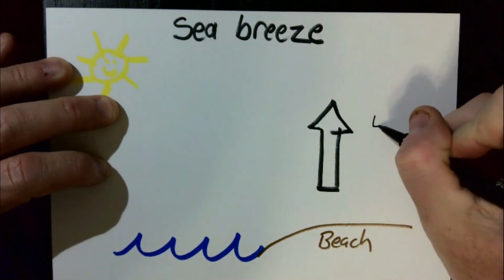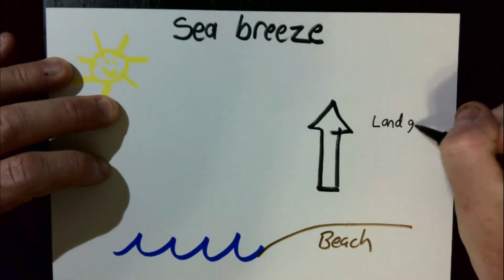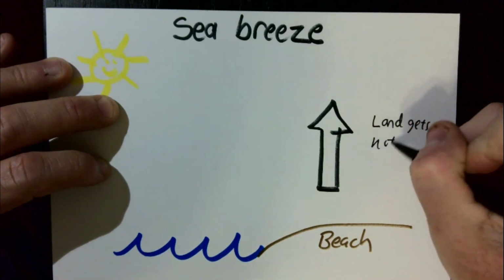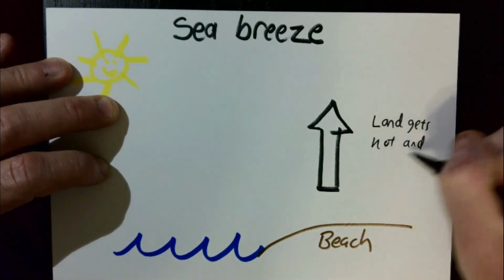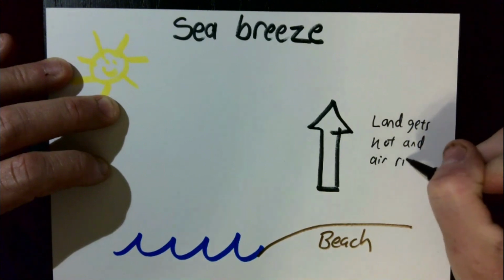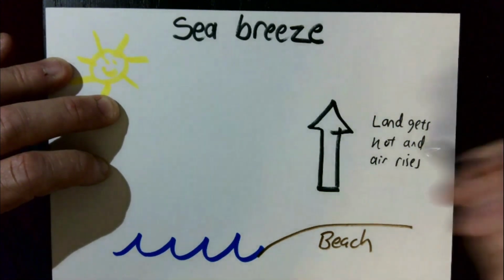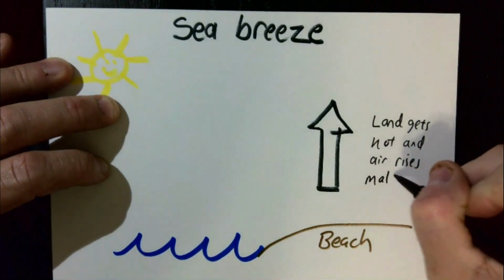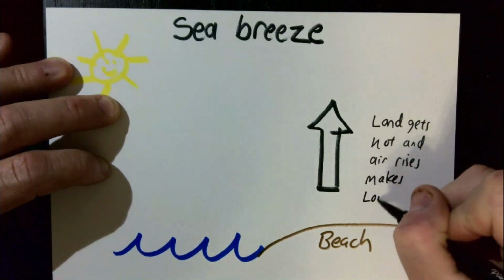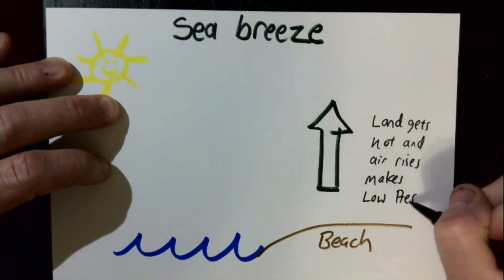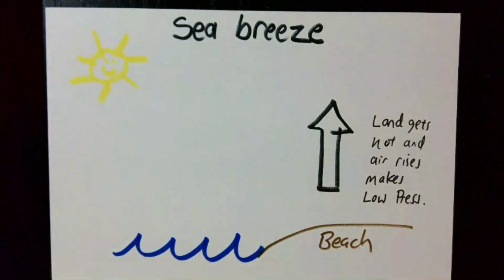So we're going to say land gets hot, and we know hot air rises, which makes low pressure. That's exactly what happens.